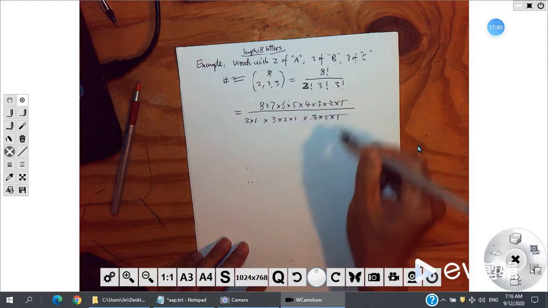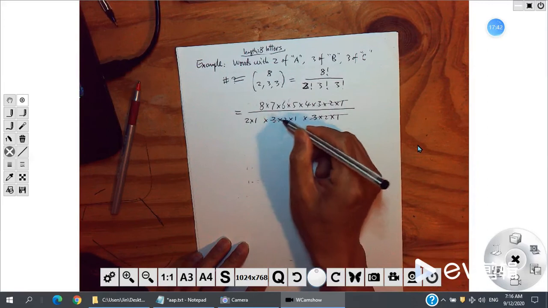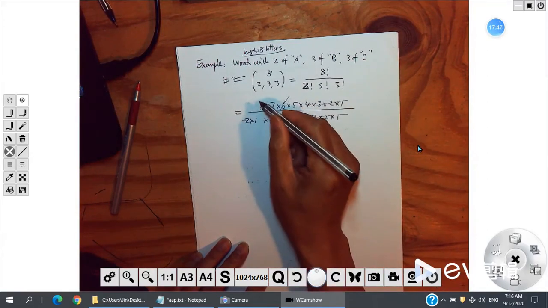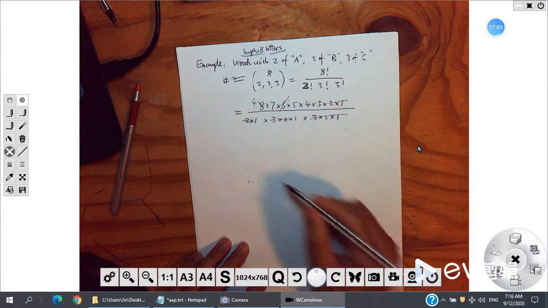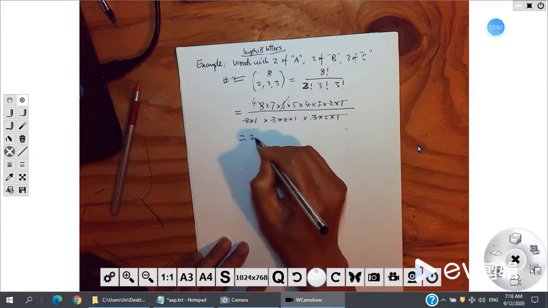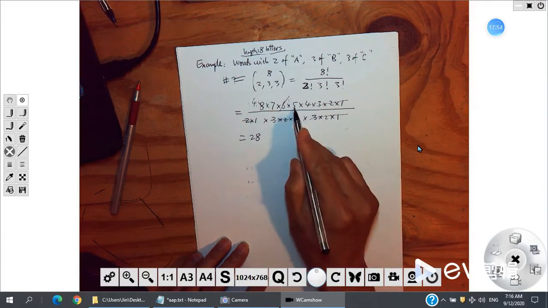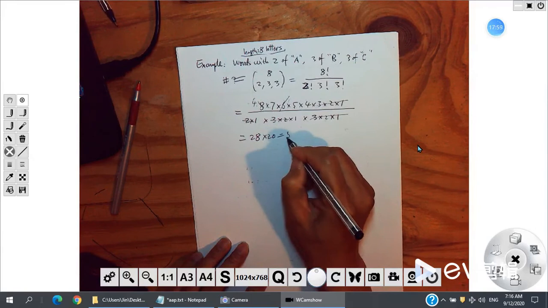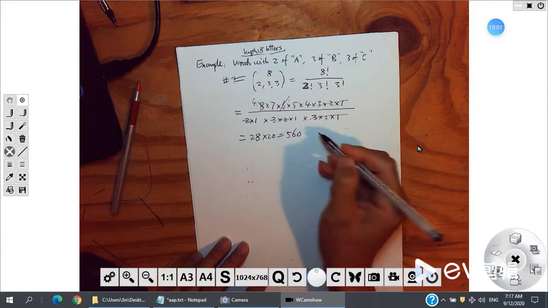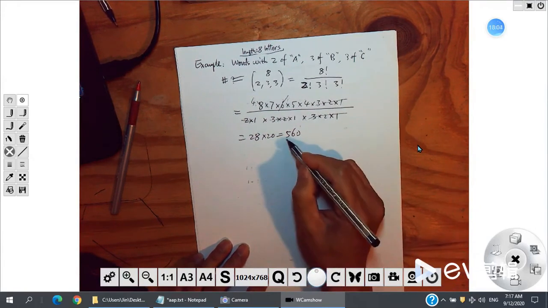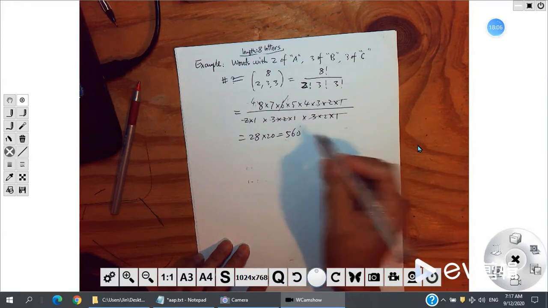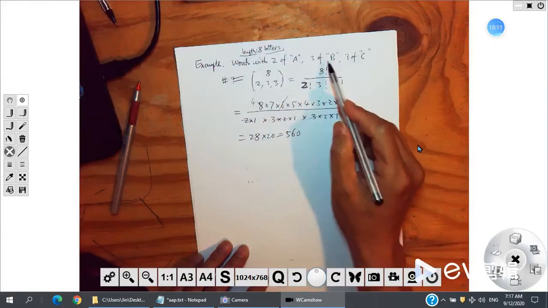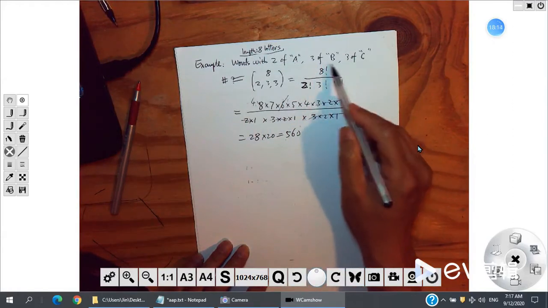They cancel, right? And 2 times 3 is 6. And the 2 here, I can use this 4. So it is 4 times 7, and 4 and 5 and 4. So it's 560. We have a lot. 560 different words with 8 letters. Among them, 2 are A, 3 are B, and 3 are C.